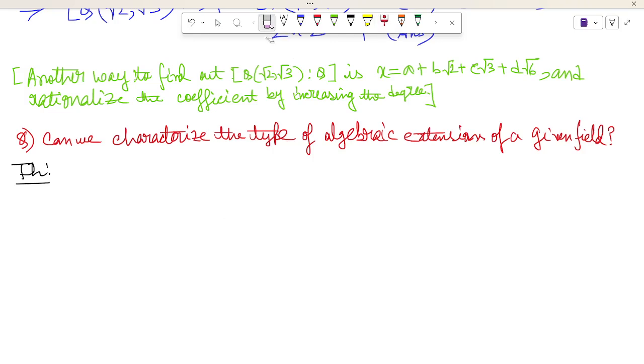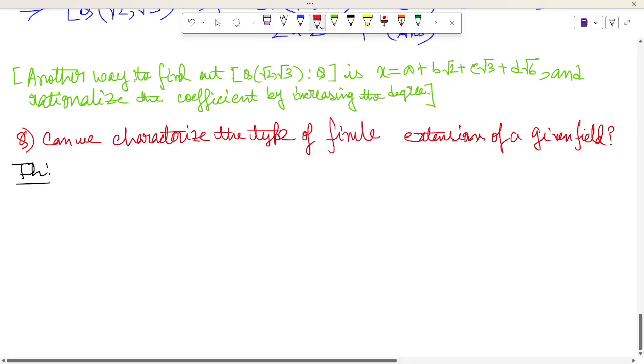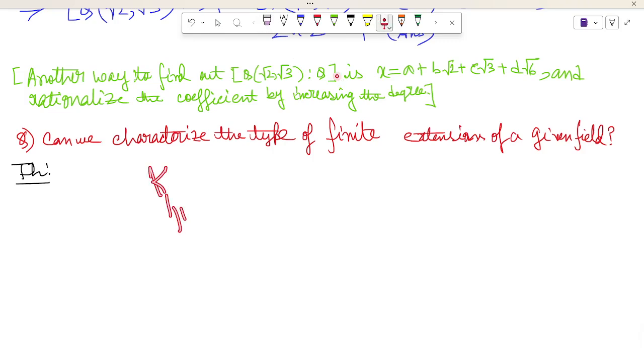Can we characterize a finite extension of a field or not? It is finite if and only if K is generated by a finite number of algebraic elements. So finite extension means that.